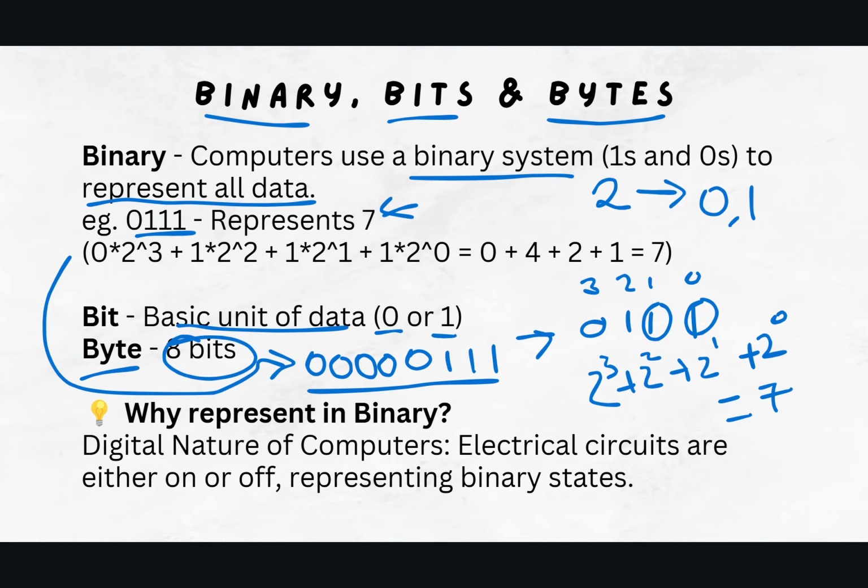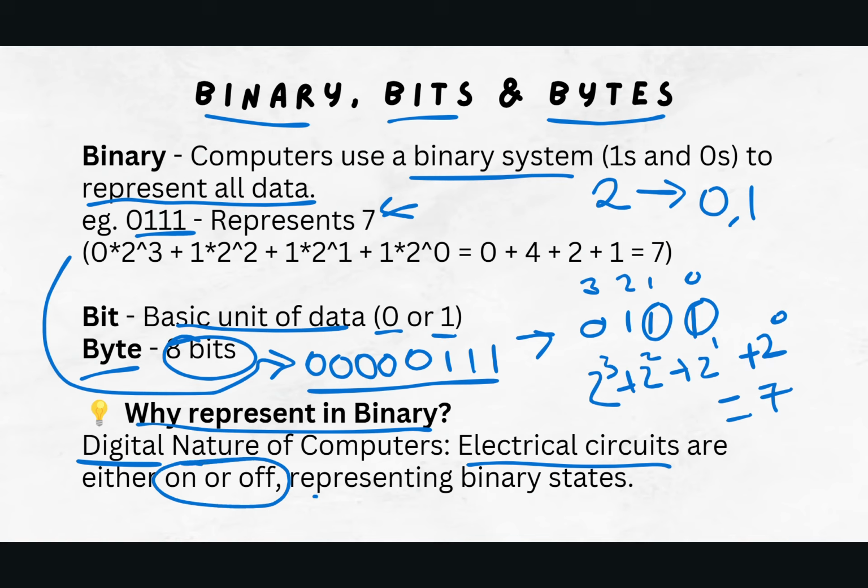But have you ever thought about why we represent it in binary only and not some other numerical system? This is because we all know that digital electronic items use electrical circuits. Inside a computer there are a lot of electrical circuits, various gates, flip-flops and all of that. In that it is either on or off.